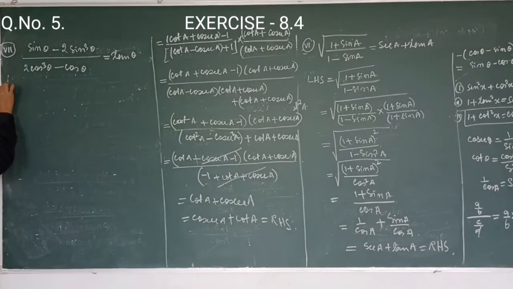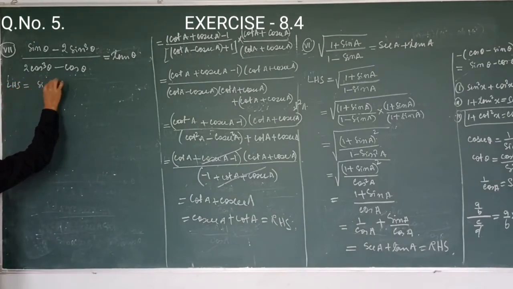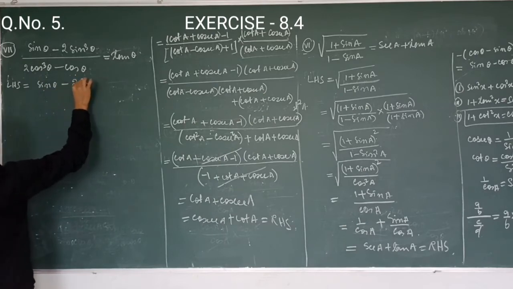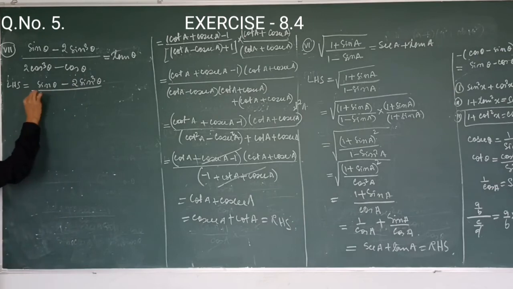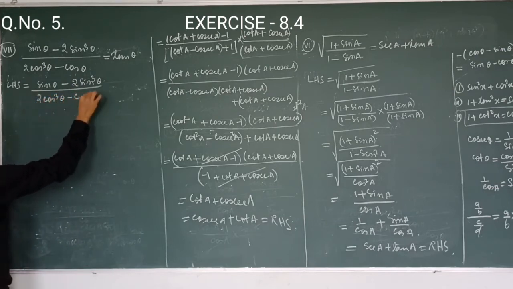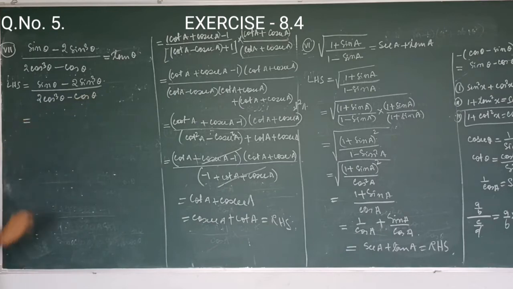So we take the left hand side, which is (sin theta minus 2 sin cube theta) divided by (2 cos cube theta minus cos theta). Now what can we do? We take sin common from the numerator and cos common from the denominator.